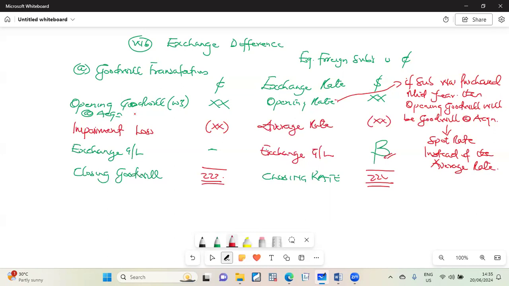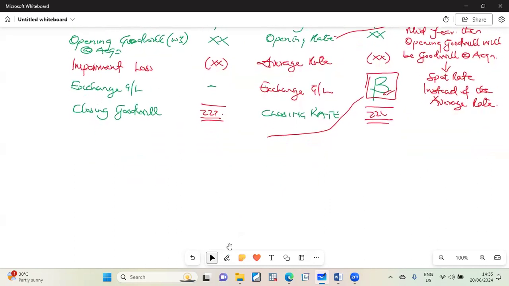All right. Now, what I need to tell you is that if the full goodwill method, the fair value method, is used in valuing this, because when you are doing goodwill, remember you do the NCI part at acquisition.